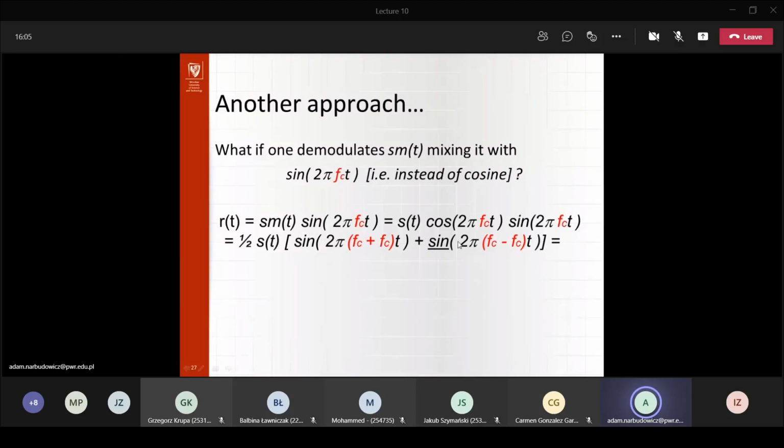However, we get a sine function of 2 pi of carrier frequency minus carrier frequency. Of course, fc minus fc gives us 0, so we should end up in the DC. However, the problem is that this is a sine. So what is the sine function of 0?